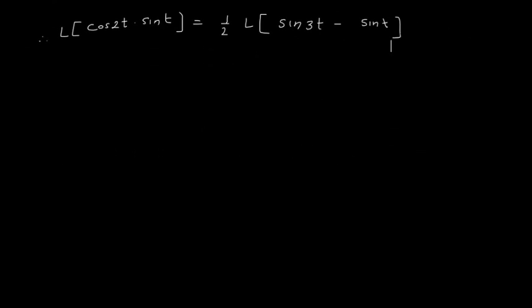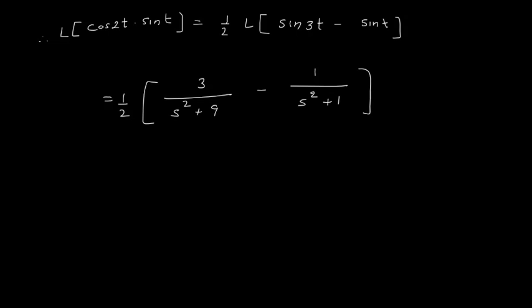So this is equal to 1 upon 2, I will write outside, Laplace of sin 3t is 3 upon s square plus 3 square, so 3 square is 9, minus 1 upon s square plus 1. So Laplace of cos 2t sin t is 1 upon 2 times 3 upon s square plus 9 minus 1 upon s square plus 1. This is Laplace of cos 2t sin t.